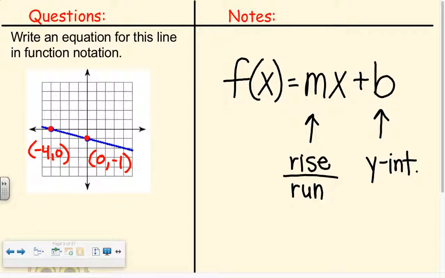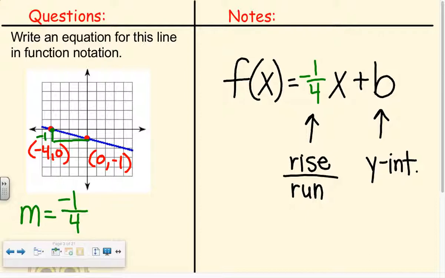I'm going to start at my point furthest to the left and count my rise and then my run. This time I'm going down 1, so that's actually going to be -1. And then I'm running 1, 2, 3, 4. So my slope is negative 1/4. I'm going to erase m in my equation and put negative 1/4.